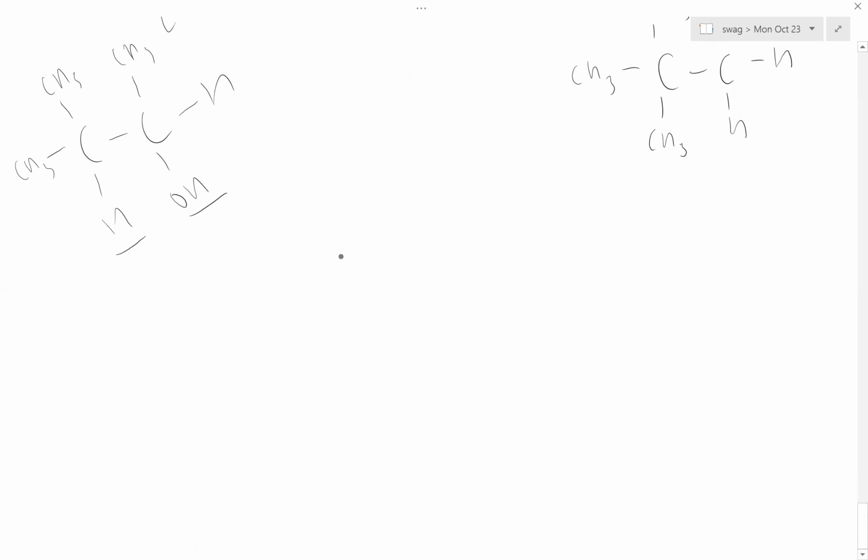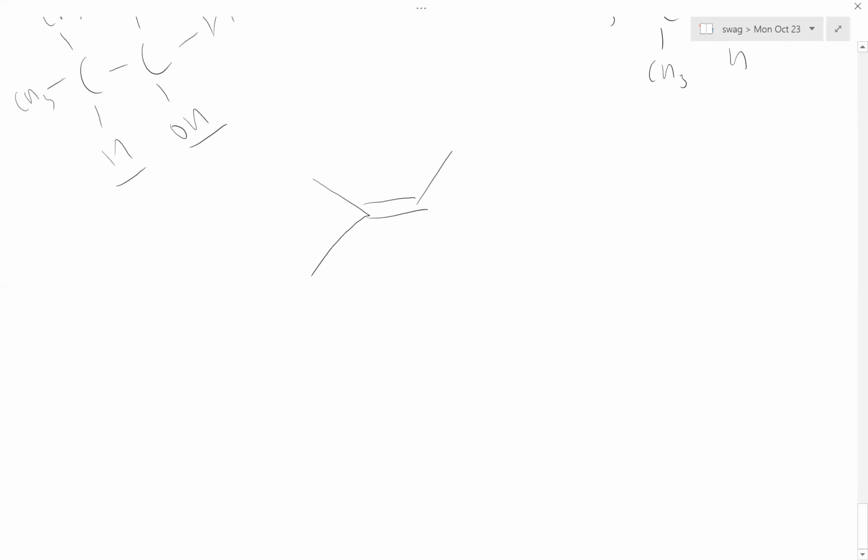Let's say I want to form this double bond, and my starting material is an alcohol. What reaction do I know that can do this?